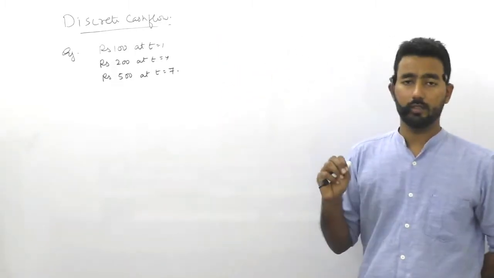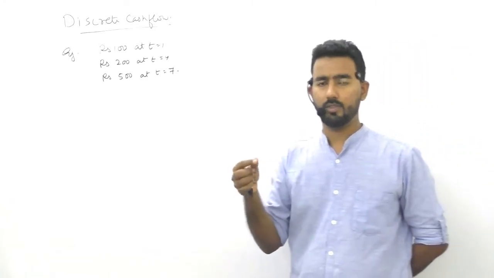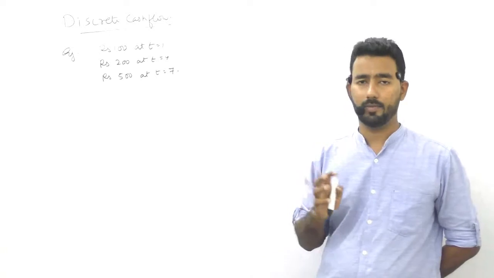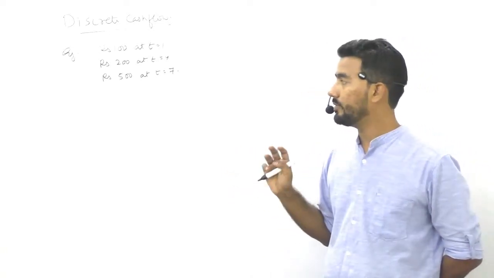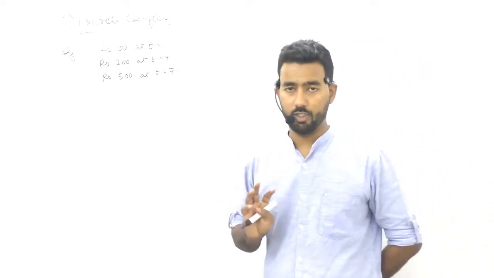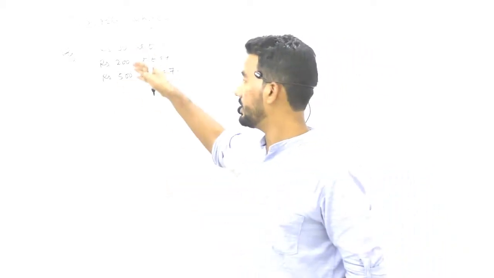Do not think of whether it is income or outgo. Just think that some payments or some cash flow will occur on the specific dates. Let's assume that these are your incomes. So you'll be earning, let's say, 100 rupees at time 1, 200 at time 4, and 500 rupees at time 7. So you're supposed to receive 3 incomes because of some transaction or because of some investment. Now what is the present value of these 3 incomes at time 0?